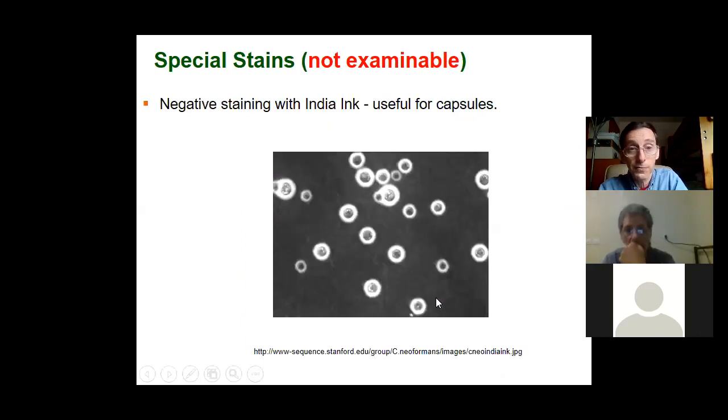Here's another special stain, which is India ink, and it's staining the background a very dark color, almost black, and it's lightly staining the cells, a lighter shade of dark. And then the capsule is clear, not staining.